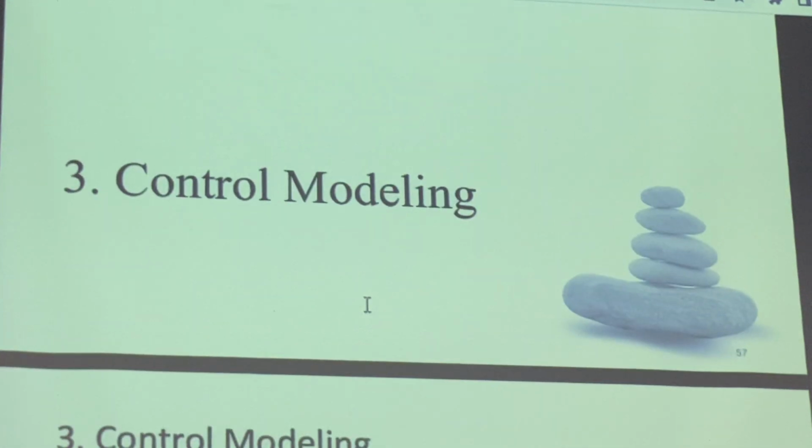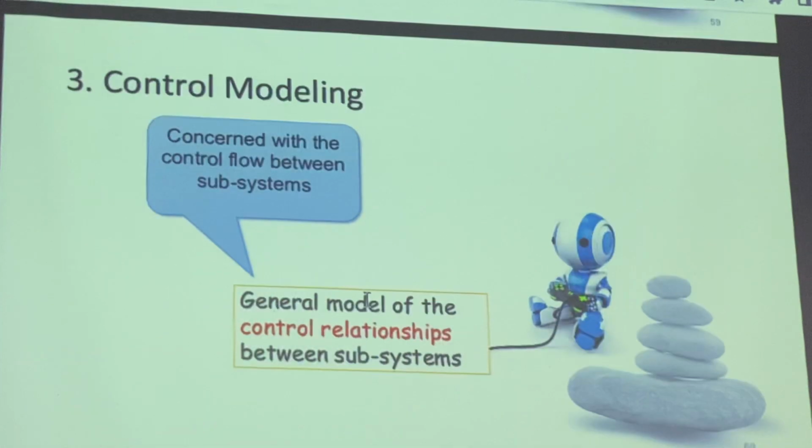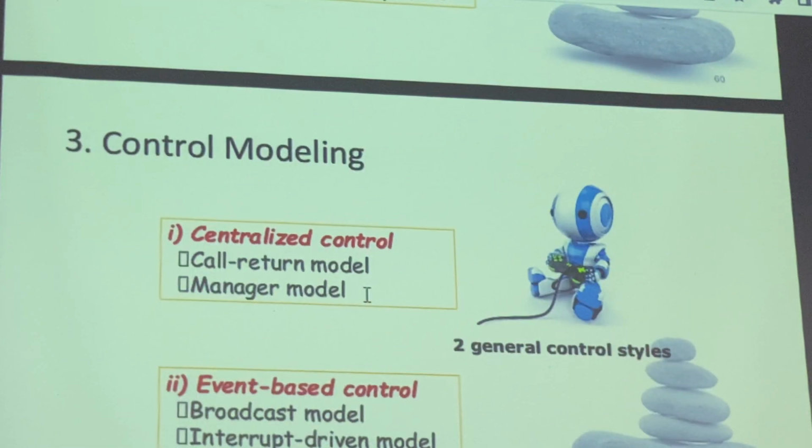When we talk about control modeling, we have two types: one is centralized control, and the other one is event-based control. What is the difference between centralized control and event-based control? Anyone? Centralized control and event-based control.